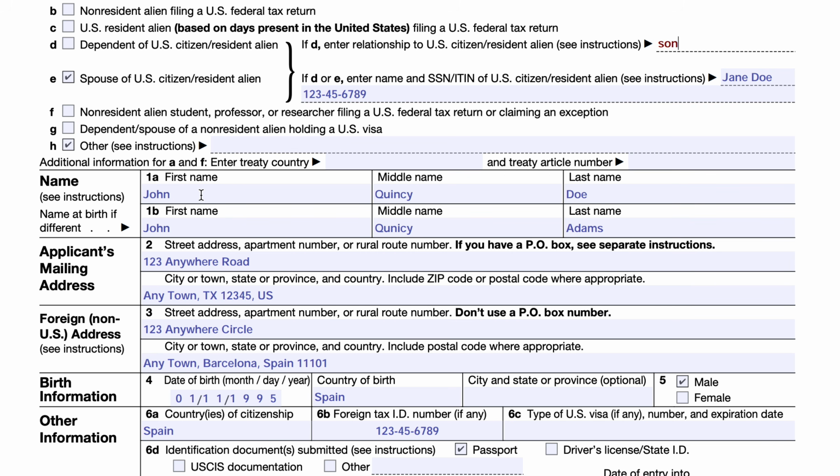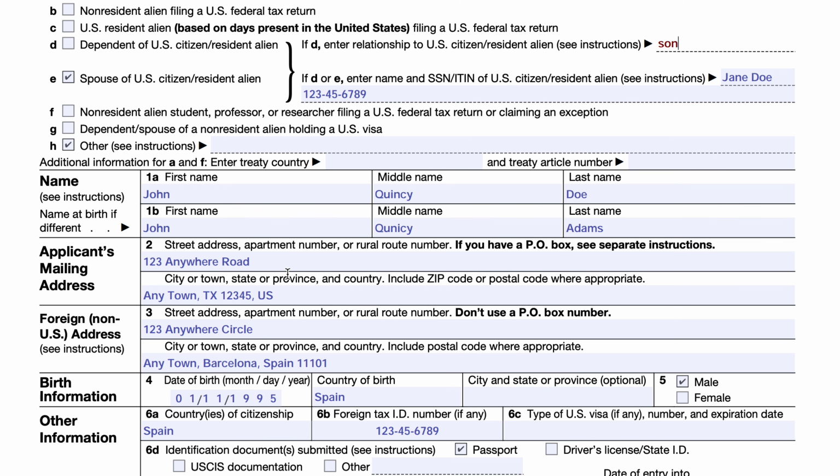In line 1A, this is going to be the name as it appears on your current identity documents that you'll be submitting. And then on line 1B will be your name if it's different that was given to you at birth and as it appears on your birth certificate. So 2 different distinctions possibly depending on your circumstances.